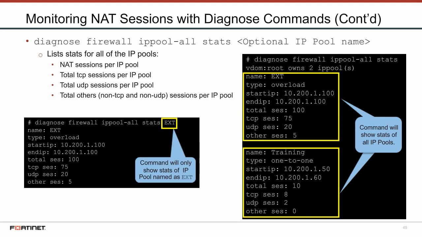The stats command provides the following data: NAT sessions per IP pool, total TCP sessions per IP pool, total UDP sessions per IP pool, and total others, non-TCP and non-UDP sessions per IP pool. Optionally, you can filter the output for a specific IP pool by using the name of the IP pool.